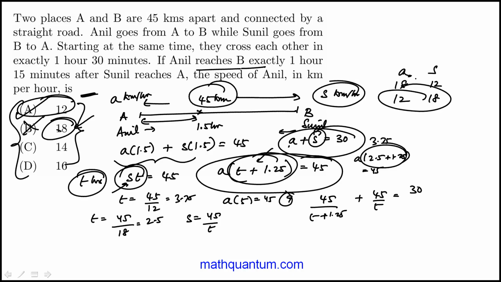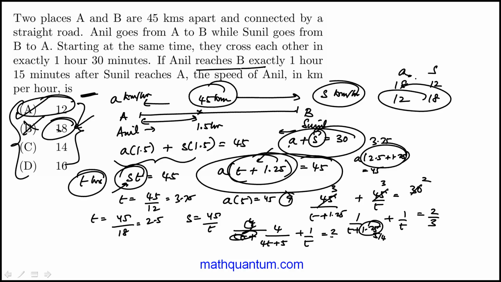So this is our quadratic equation. I'm going to divide by 15. So we get 1 over T plus 1.25, and I'm going to write this as a fraction. So that becomes 4 over 4T plus 5.